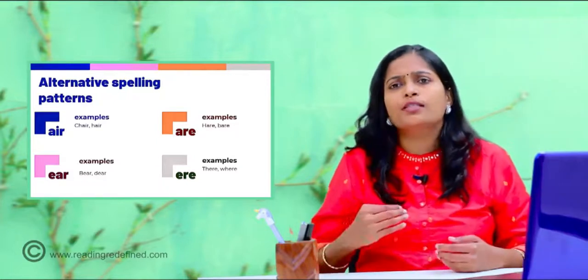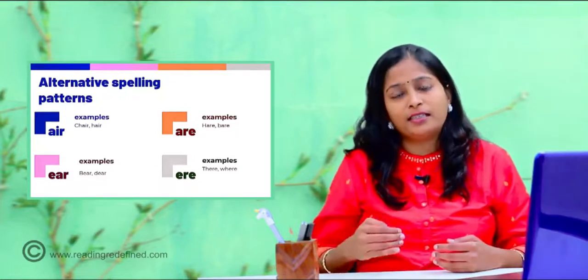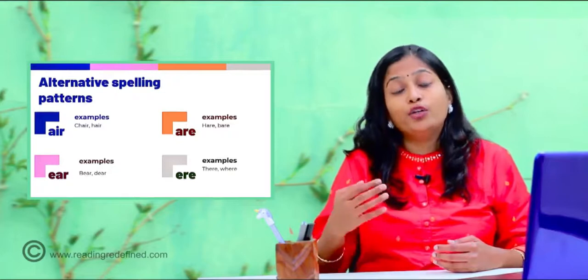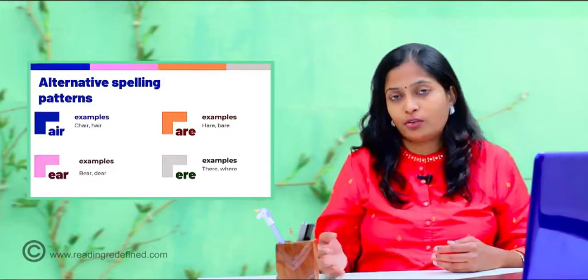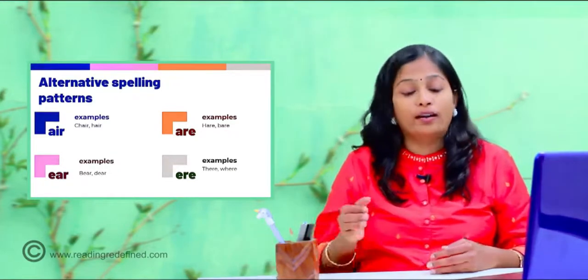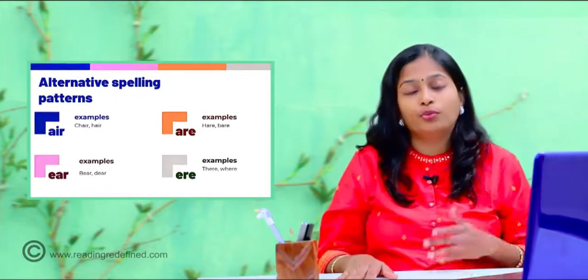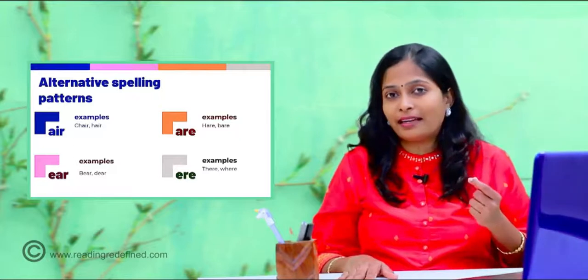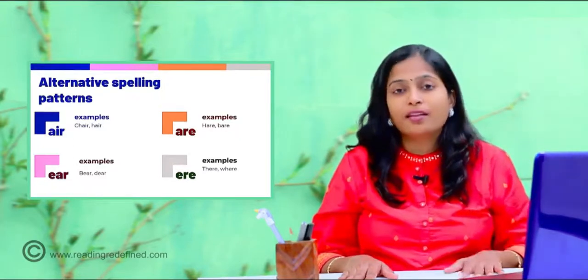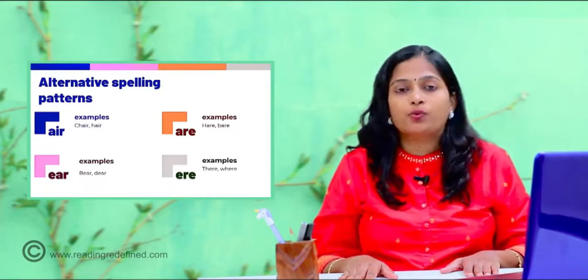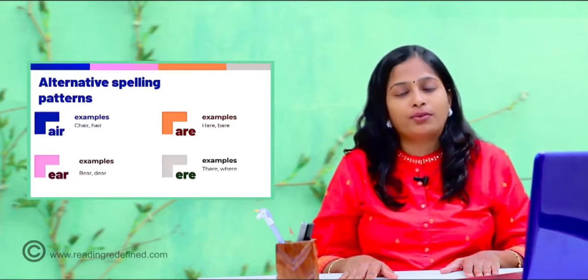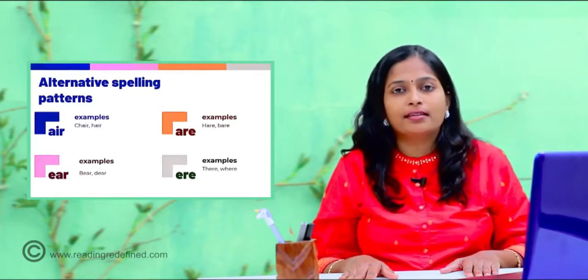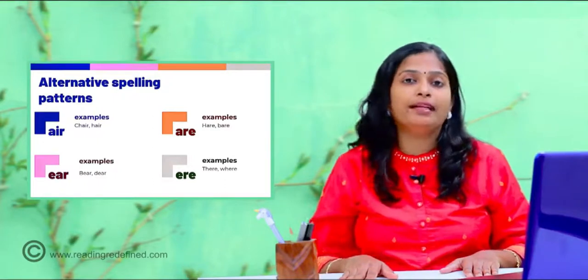With repeated usage of the words in their dictation, in their writing, in the segregation work in the classroom, or when they refer back to the alternate spelling booklet that they have prepared, they will be able to make it very clear how to write the spellings and use the right spelling pattern.